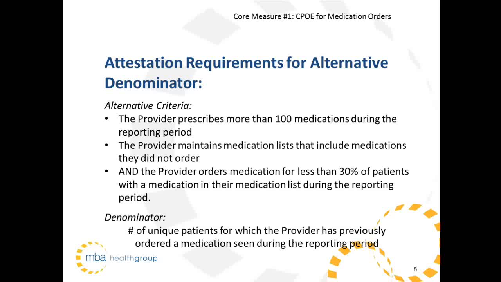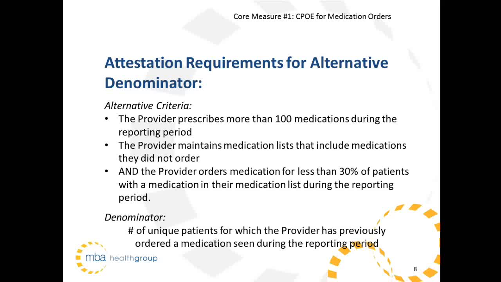There are 3 criteria a provider must meet in order to use the alternative denominator, and they are prescribing more than 100 medications during the reporting period, maintaining medication lists that include medications that they did not order, and ordering medications for less than 30% of patients with a medication in their medication list during the reporting period. In the unique situation where all 3 criteria mentioned apply, a provider may limit their denominator to only those patients for whom the provider has previously ordered medication, if they so choose.